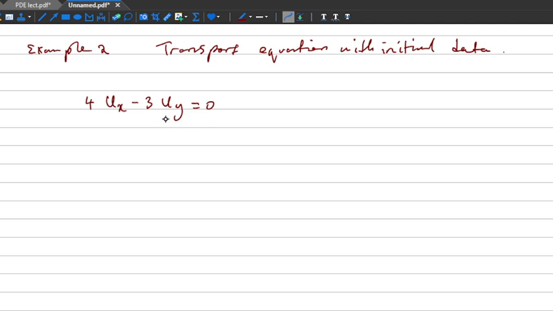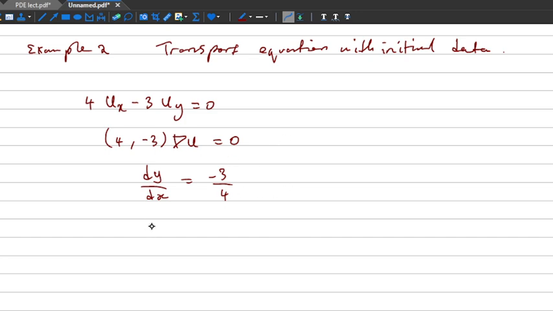So we know that this is homogeneous, so we can just write this as this, blah blah, u equal to 0. Okay, so we can solve this as we did. So u has variables x and y, so we can say the change in y over the change in x equates to negative 3 over 4.